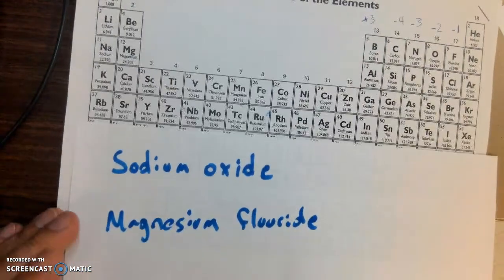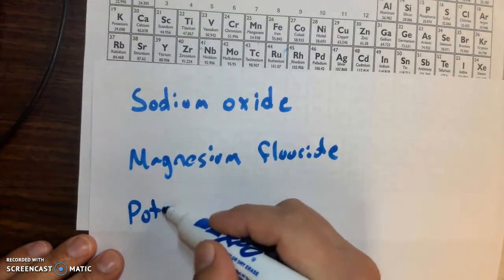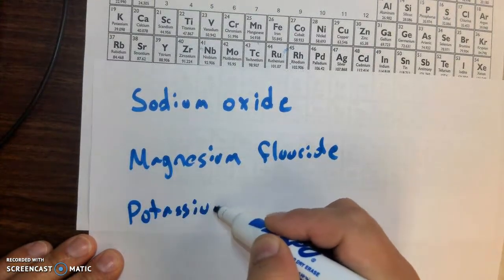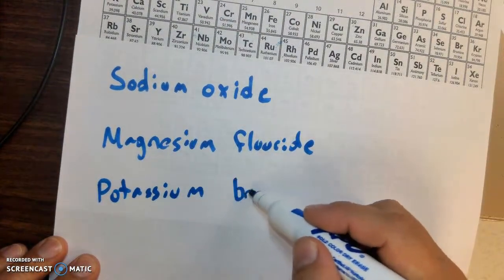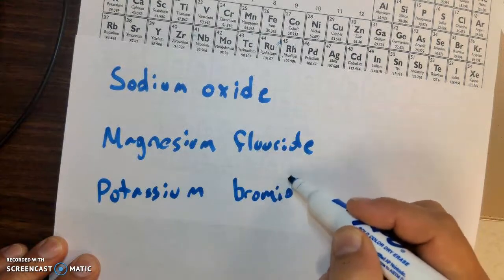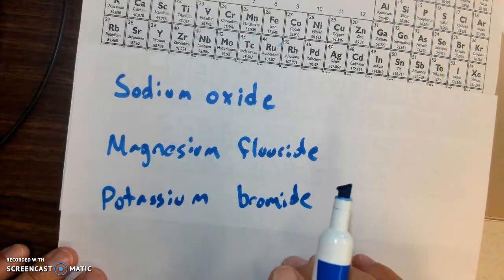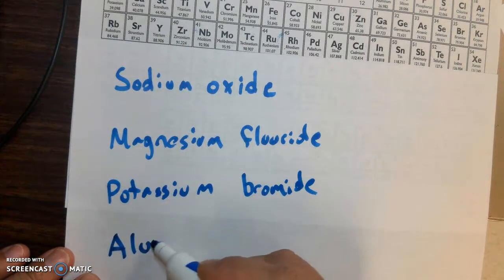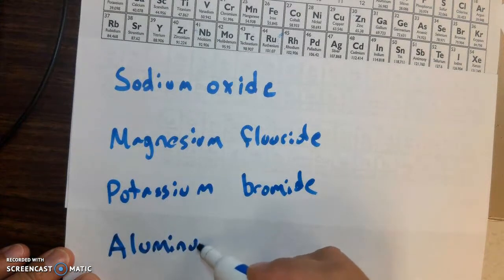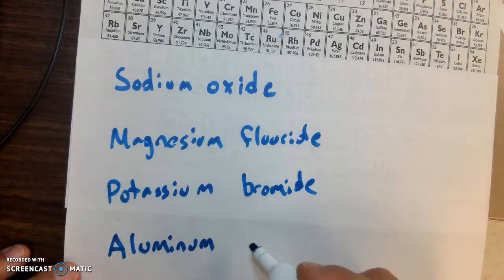What potassium bromide would look like. What aluminum chloride would look like.